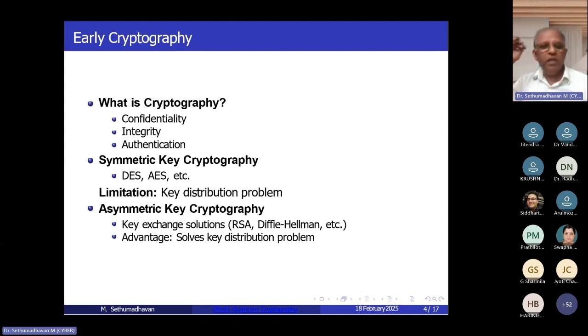We historically have symmetric cryptography, where both sides, the sender and receiver, are in the same trust.